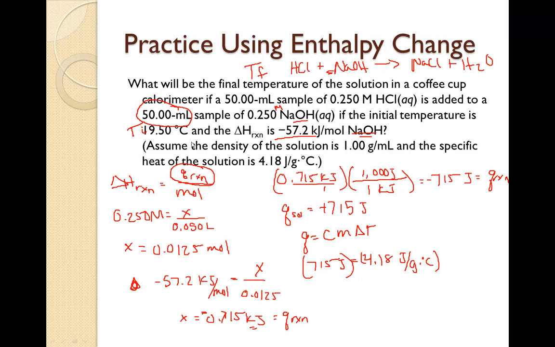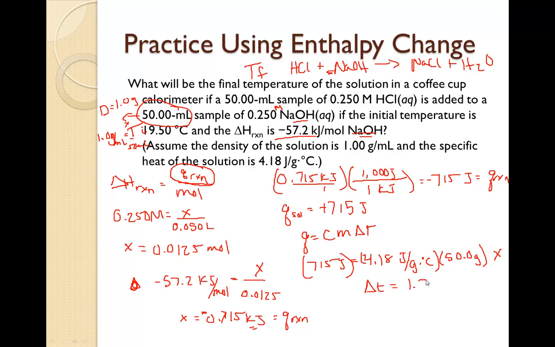Once again, it's an aqueous solution, so we're going to say that the density is 1. So 1.0 grams per milliliter is equal to X over 50 milliliters. That makes the mass being 50 grams. And we're looking for the change in temperature. So we're going to divide that out, and we find that the change in temperature is 1.71.